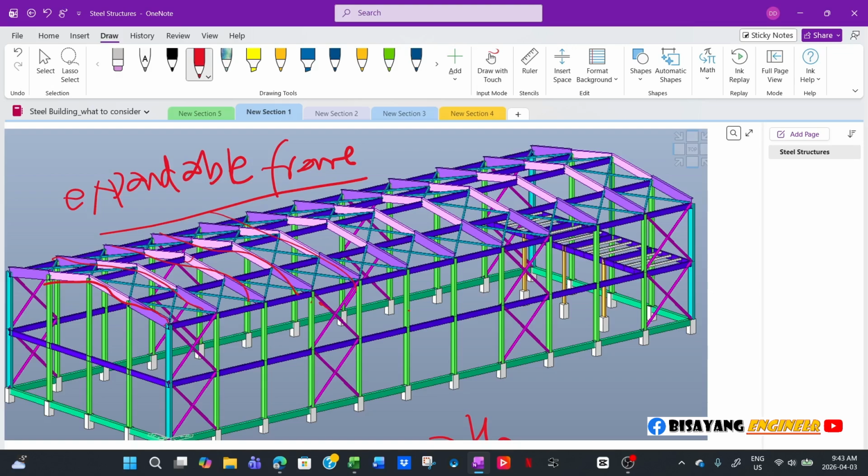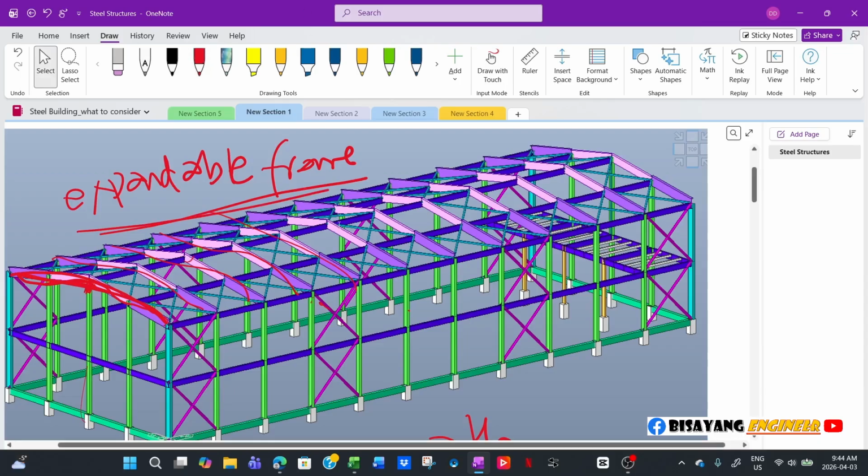It will be designed, and the connection here will have slotted holes. The angle connector, the connector rail, will have a slotted hole so that it is free to move up and down, but not laterally. That's the only time they will use a moment frame here, if it is an expandable frame, like when in the future they decide to extend that building.